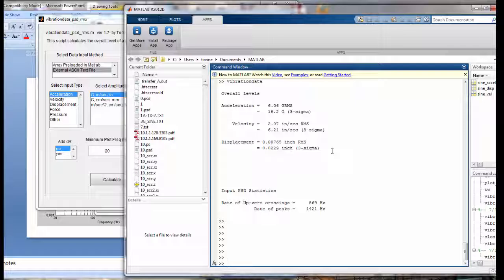Now shakers, as it turns out, have, and when I say shaker, I'm talking about the whole system, including the power amplifier and the control computer. I'm talking about everything together, working as a system. So the shaker test system has limits in terms of acceleration, velocity, the stroke limit for displacement, and there's also force pounds limitations.